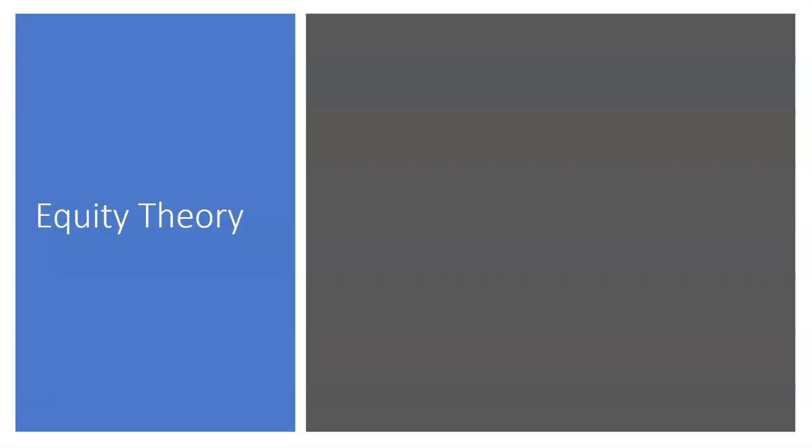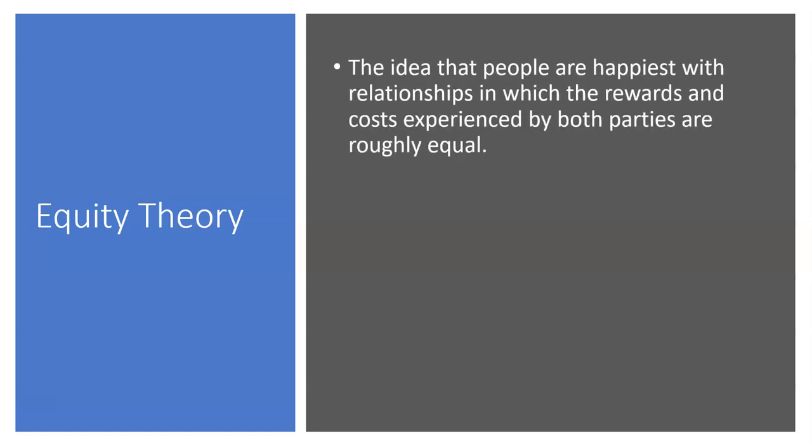Another kind of business sounding model is equity theory. So we've talked about social exchange and investment. Now we're looking at equity. The idea is that people are going to be happier when they're in relationships where the rewards and costs experienced by the people involved are roughly equivalent.